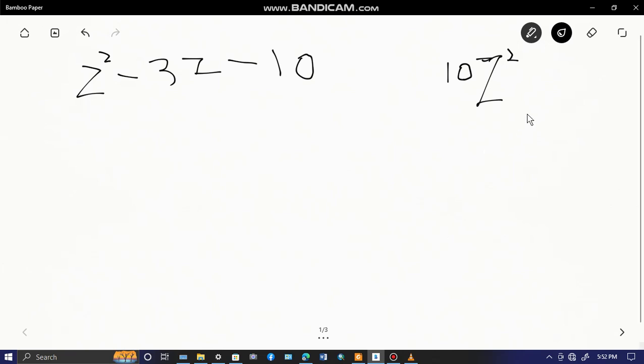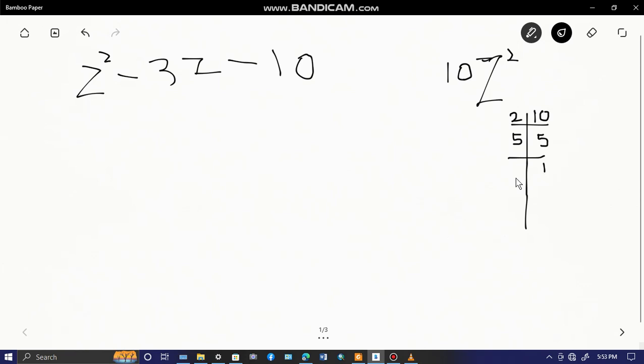So let's find the factors of 10. So if you have 10 here, the first common factor of 10 would be a 2. 2 into 10 will give you 5. Then the next factor would be 5. 5 into 5 will give you 1.